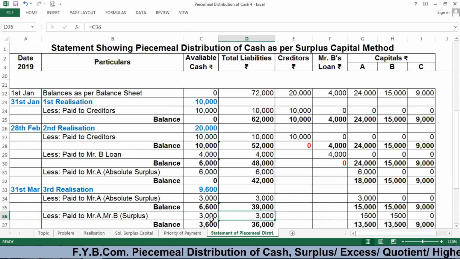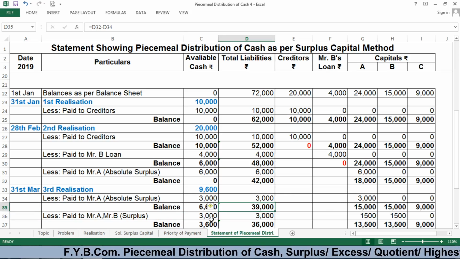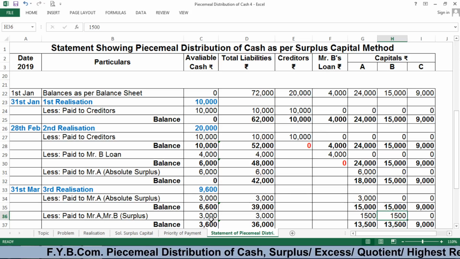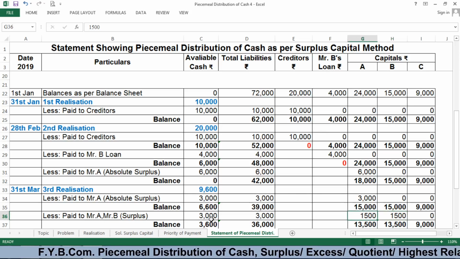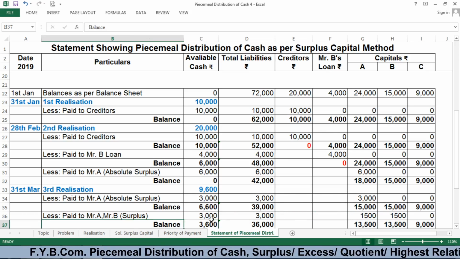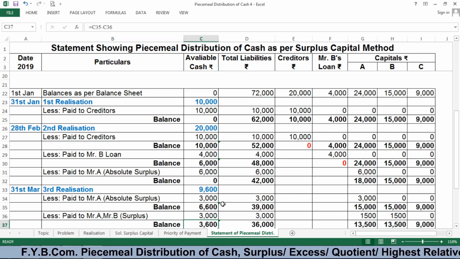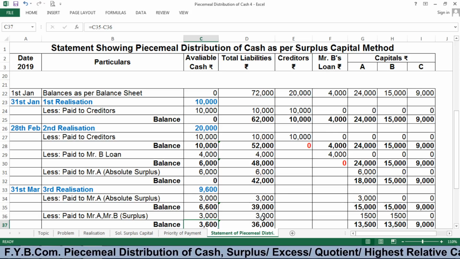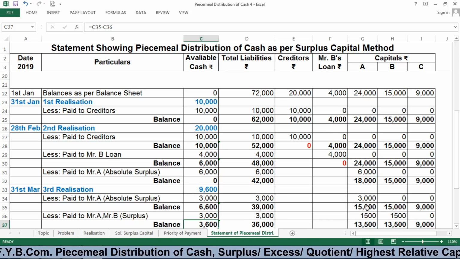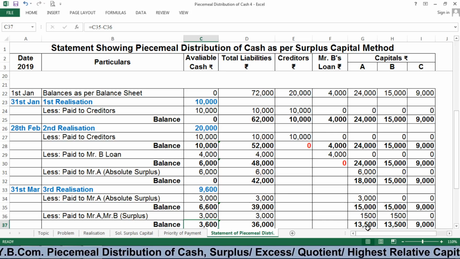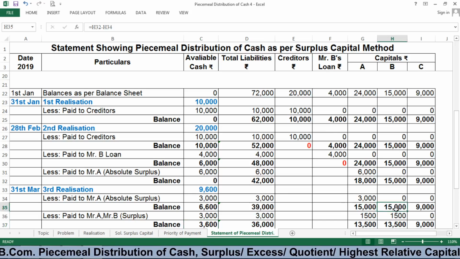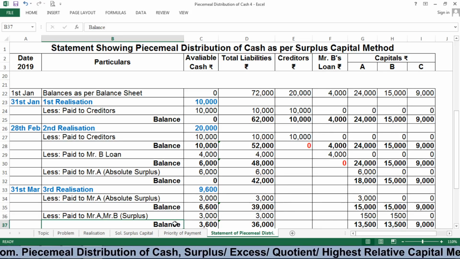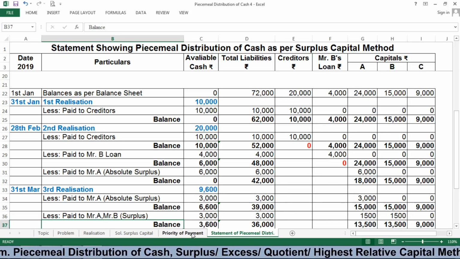So total liability again will be reduced by 3,000 from 39,000, and Mr. A will receive 1,500, Mr. B will receive 1,500. So in the next step we have to calculate the balance. In the balance, 6,600 minus 3,000 is 3,600, 39 minus 3 is 36,000, 15,000 minus 1,500 is 13,500. Again here same, that is 13,500. This is our balance after the payment of surplus capital.